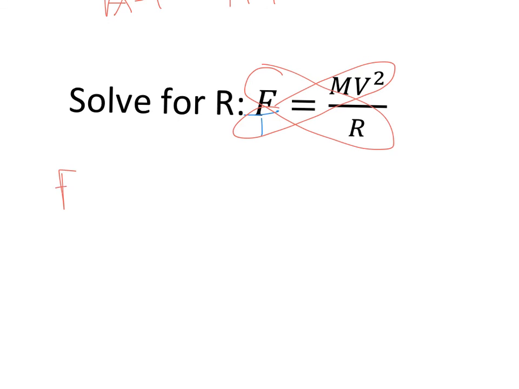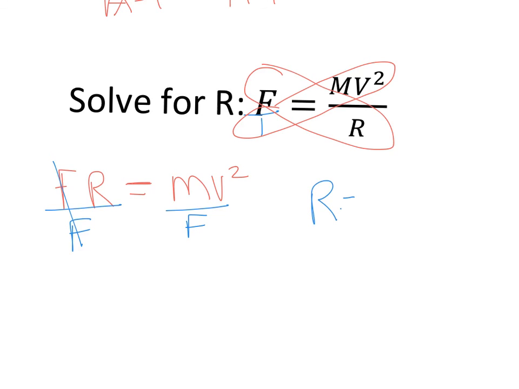So we really have F times R equals mv squared times 1, which is just mv squared. We're trying to isolate this R, so all we need to do is divide off the F here. And we have R equals mv squared over F.